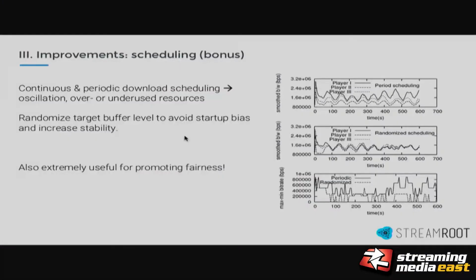Finally, the last step involves the scheduling of chunks. And as we mentioned, the fact that segments are downloaded discretely and at these periodic, on and off intervals creates a sort of bias that often inflates the bandwidth estimation. And to avoid this bias, the creators of the FESTIVE algorithm actually imagined a sort of randomized buffer where we're making the target buffer level random in order to avoid these regular on and off intervals.